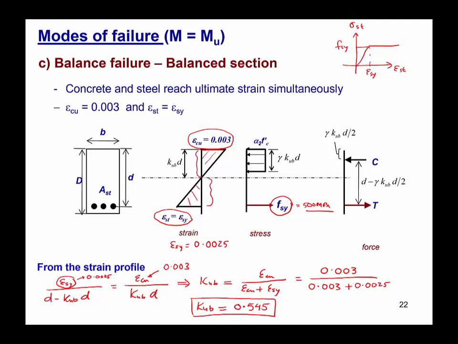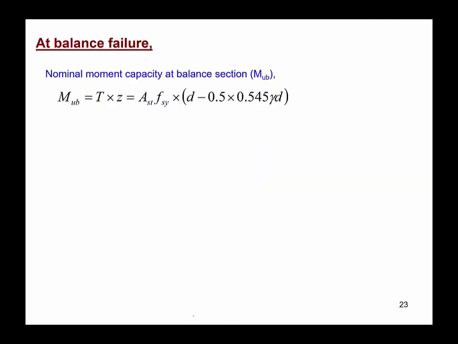So once you know ku, we can easily find the ultimate moment capacity for the balance section as well. As you can see here, at the balance point, the ultimate moment capacity Mub is again similarly the tensile force multiplied by Z. This is the tensile force T, and Z is the lever arm here.